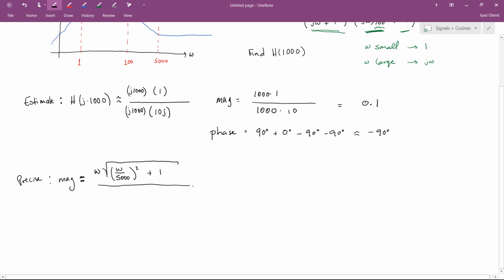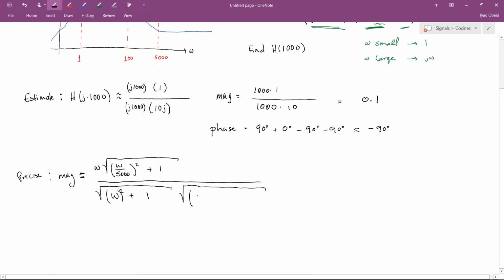In the denominator, it's going to be the square root of omega squared plus 1. And finally, we're going to have the square root of omega over 100 squared plus 1. Then we're going to let omega equal 1000 and evaluate.